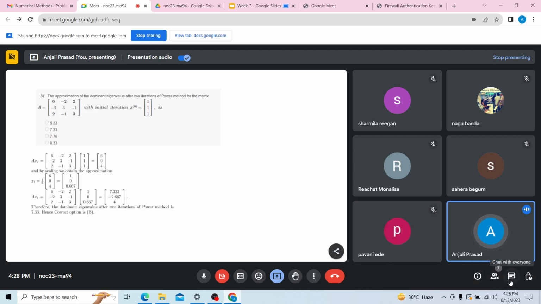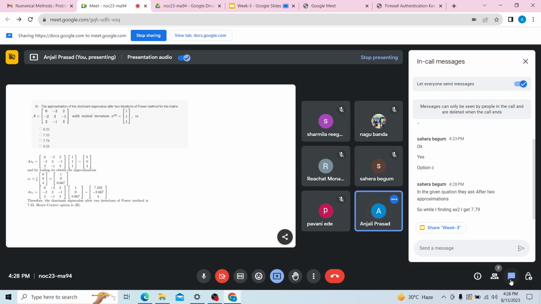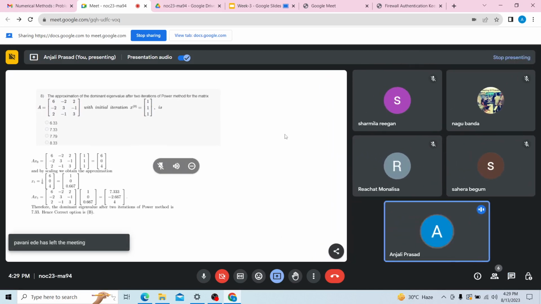Here it has been done only for the first approximation. Okay, fine. I might have missed out the second approximation.